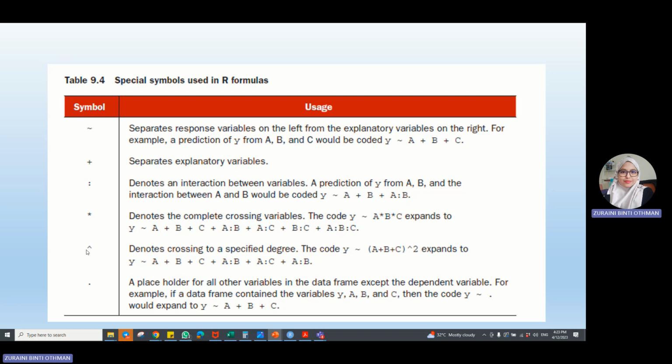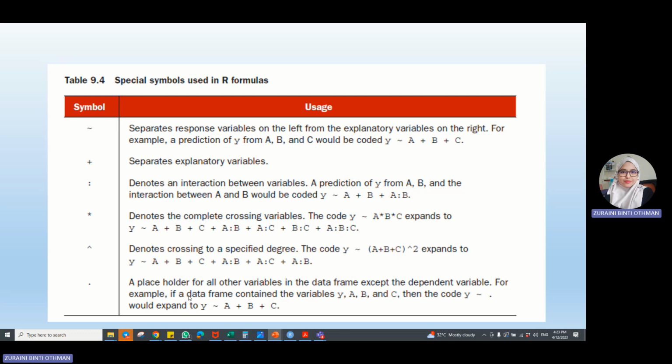Okay, then the caret here denotes crossing to a specified degree. Y separate A plus B plus C, caret power of 2, expands to this, which is expanded to degree 2. Okay, and the dot here is a placeholder for all variables in the data frame except the dependent variable.